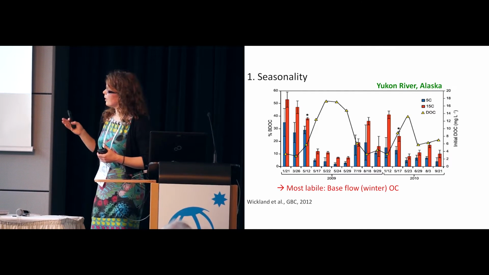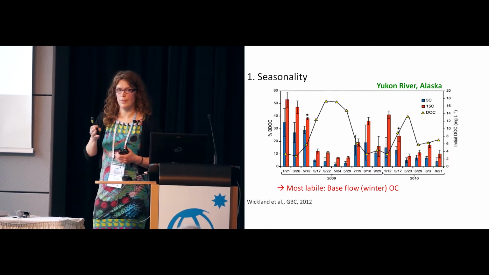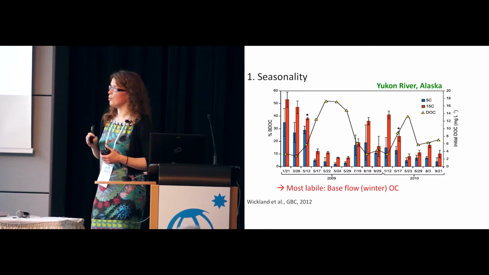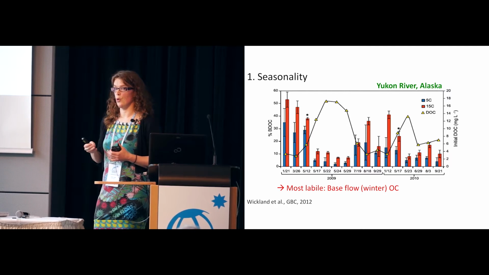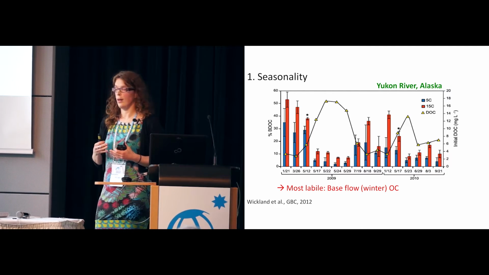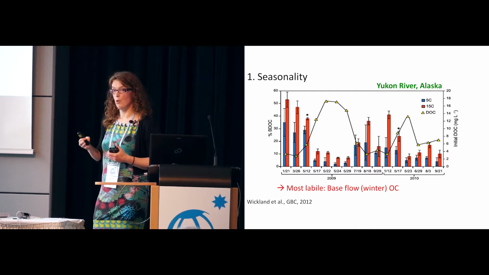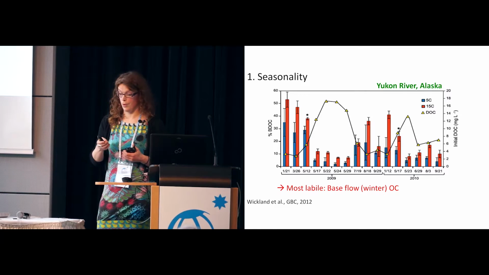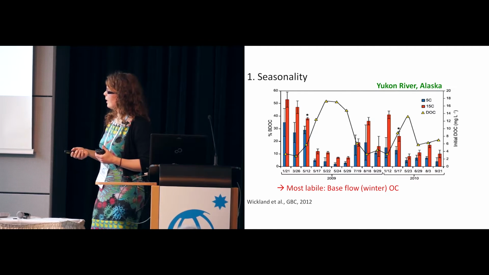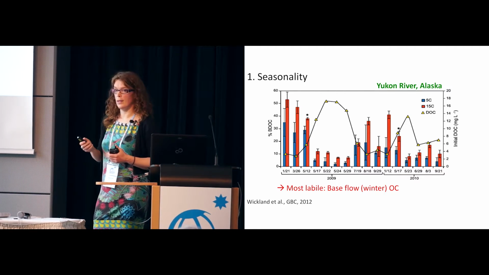And you can see that they've done this in 2 years for different times in the year. And the BDOC values are higher in the winter. So when there's base flow, so not during the summer and the spring, there's apparently more labile DOC in your river.